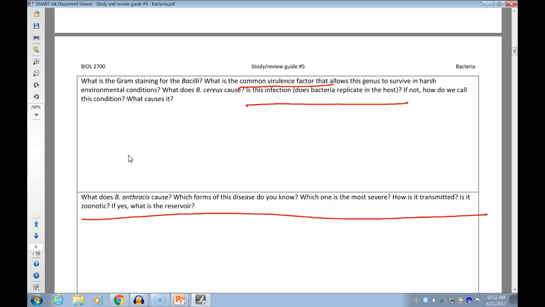It's not fecal-oral, just consume contaminated meat, okay? Zoonotic, yes. Reservoir. I will not ask you to choose between cattle and reindeer, obviously, because they all can be. But if I ask you, okay, is it cattle, snakes, or rodents? It's cattle. Okay?